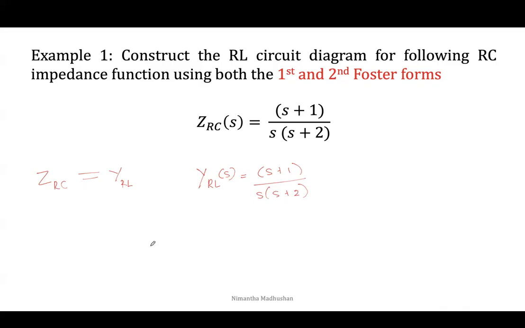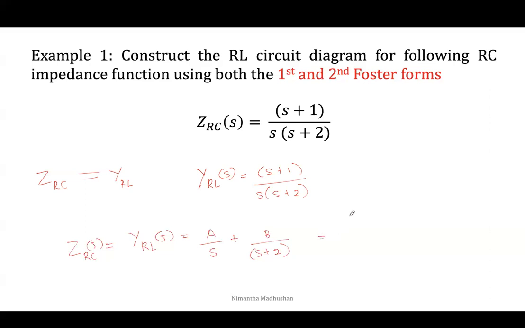We can write the partial fraction expansion of this function. Y_RL is equal to A over S plus B over S plus 2. Now we have to find values of A and B. I already discussed the partial fraction expansion of this impedance function.